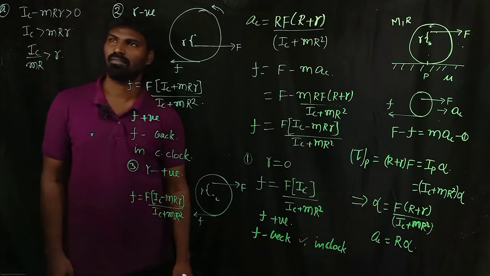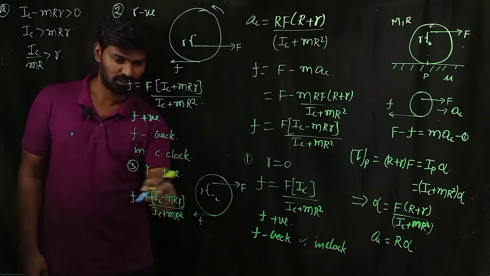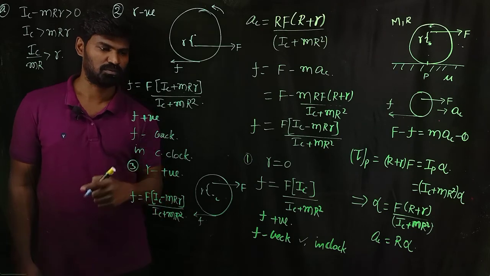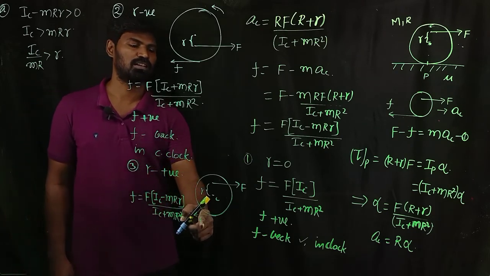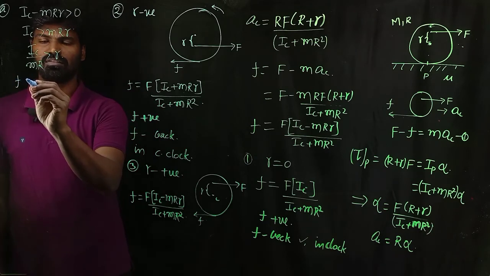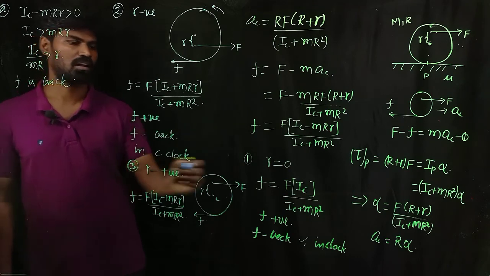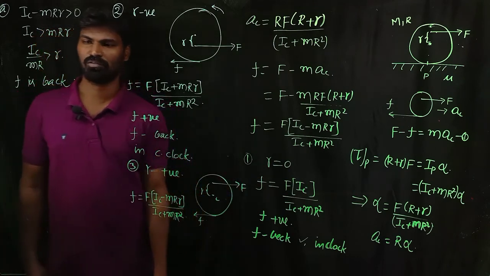In this case, what happens? When this term is positive, everything on the right side is positive, because of which the frictional force is consistent with my assumed direction, because of which I can conclude that frictional force is acting in the backward direction, or opposite to the direction of applied force.